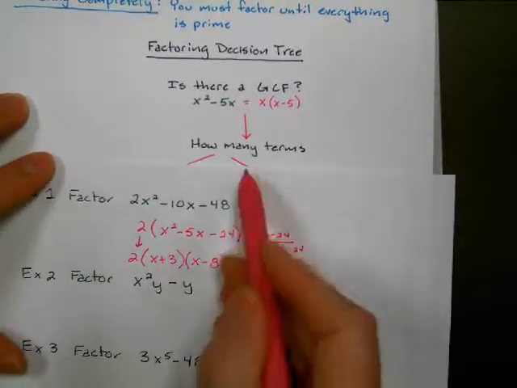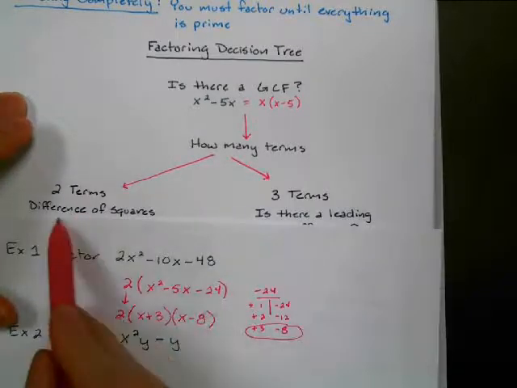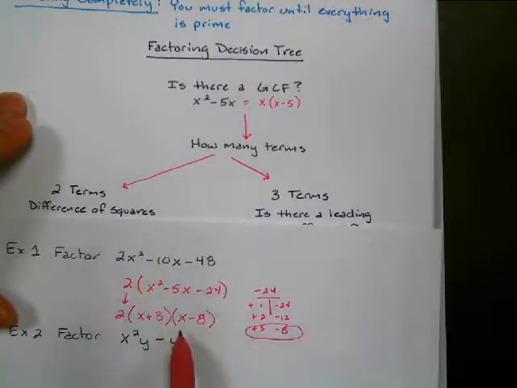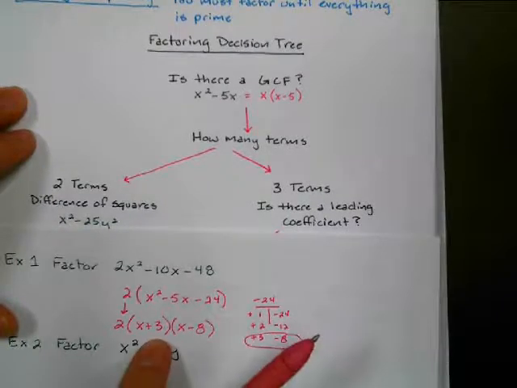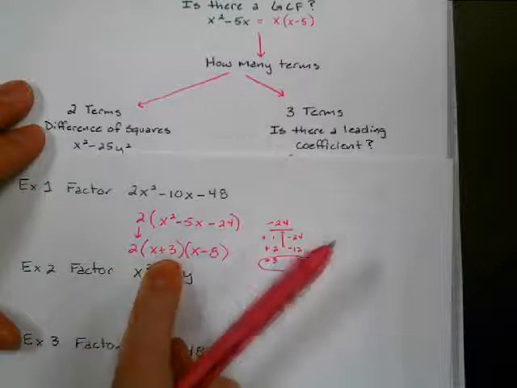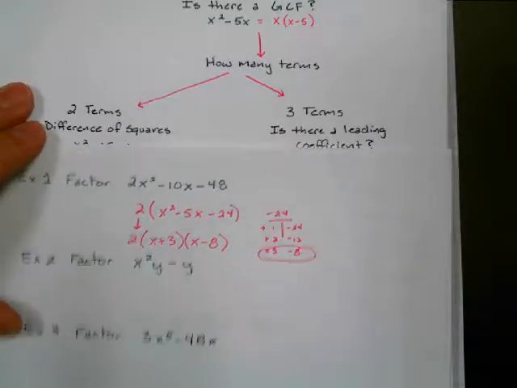Well, these both have 2 terms. So let's go over to 2 terms. Are these the difference of 2 squares? That's a difference, but they're not squares. And these aren't squares. So it doesn't look like any other method works. Now I know I'm done. I have factored completely. 2's prime, x plus 3's prime, x minus 8's prime. Let's do that one more time.